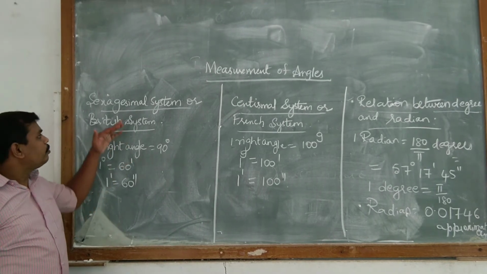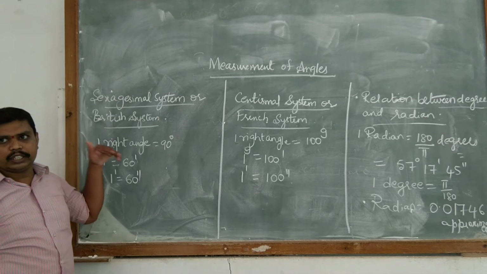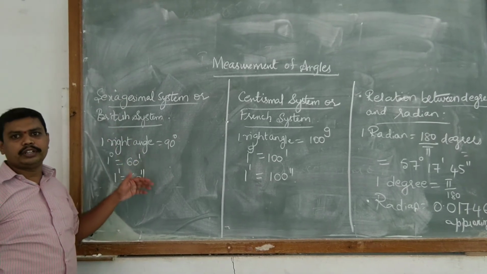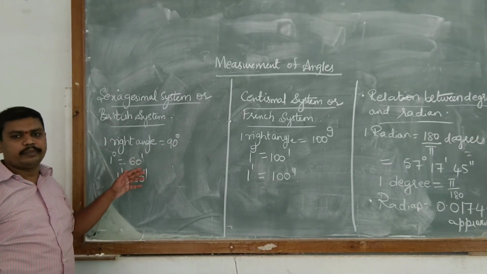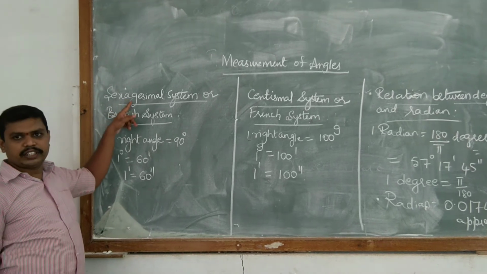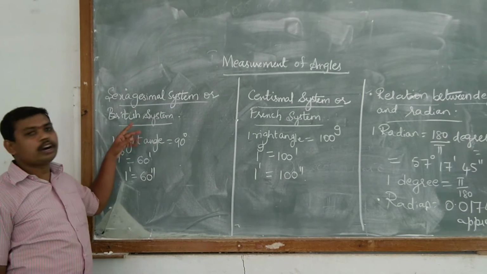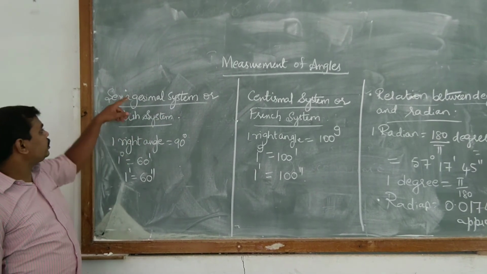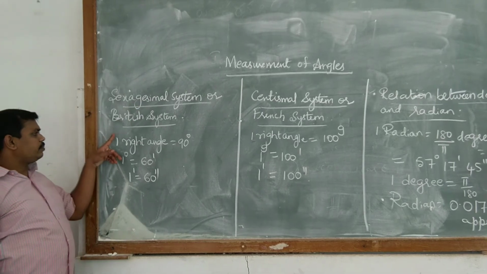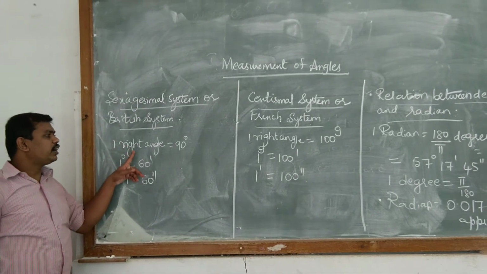Okay, students, please do remember this measurement of angles. This is also a very important concept in trigonometry. Let us see the first one, that is the sexagesimal system or British system. In the sexagesimal system, or British system, one right angle is equal to 90 degrees.